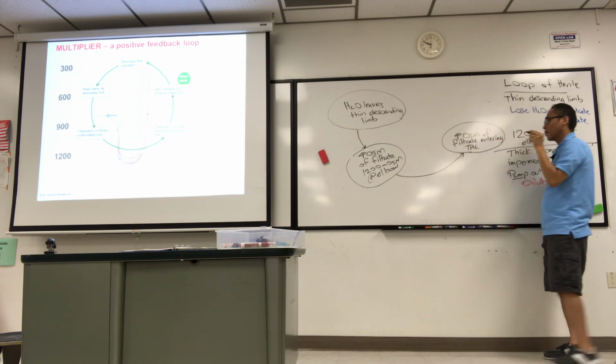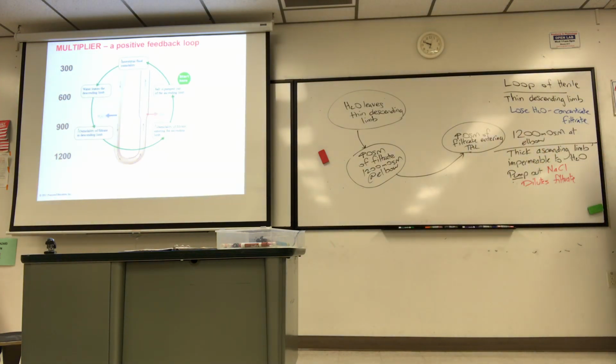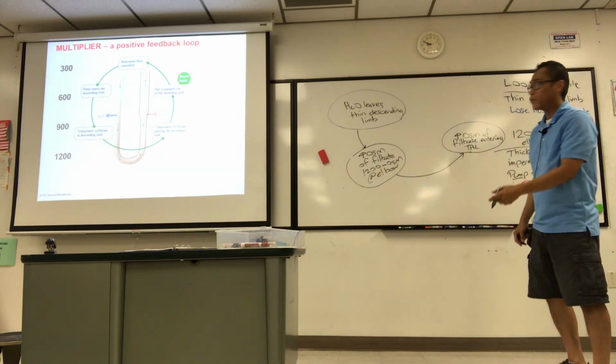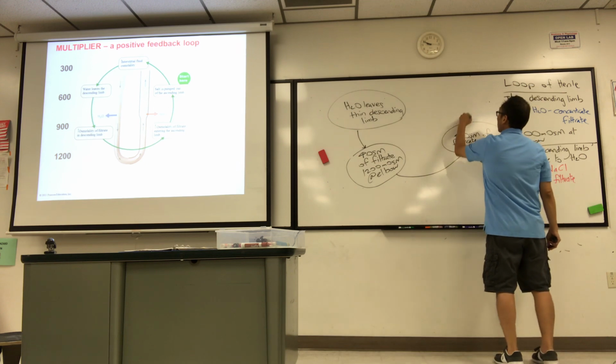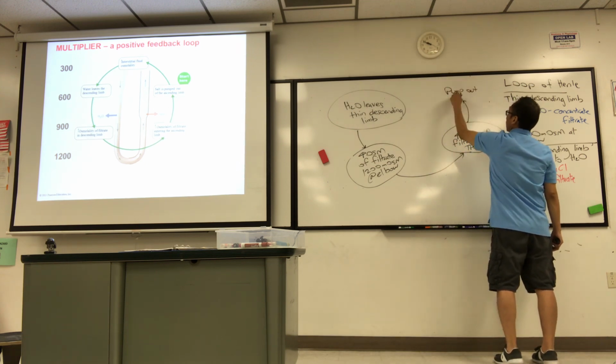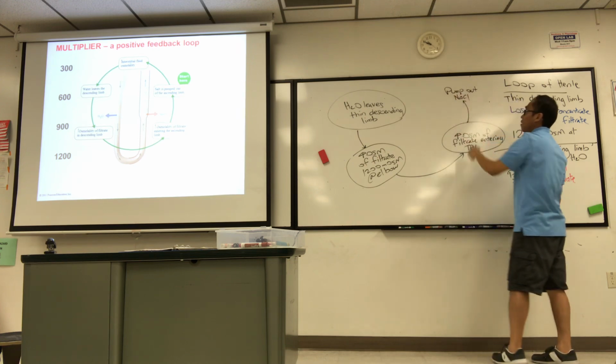So think of it this way. Now you have salt to pump out. It's easier to pump salt out of a concentrated solution. It's more concentrated. All right, so then you do that. Salt's pumped out. Pump out salt.